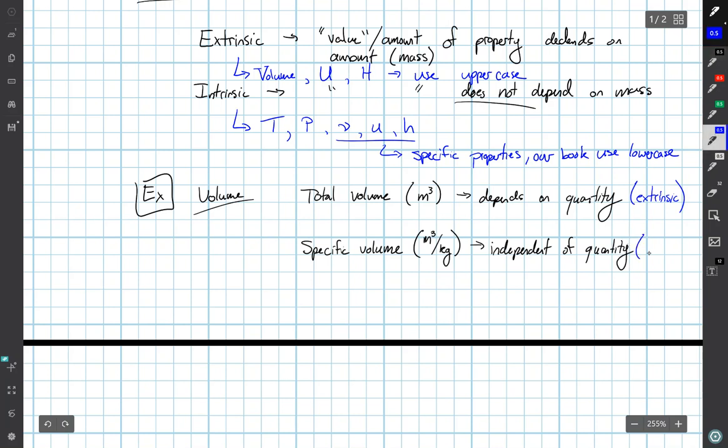So this is intrinsic, right? It doesn't depend on how much we have because it's the per kilogram amount. So this is like space, volume per mass.